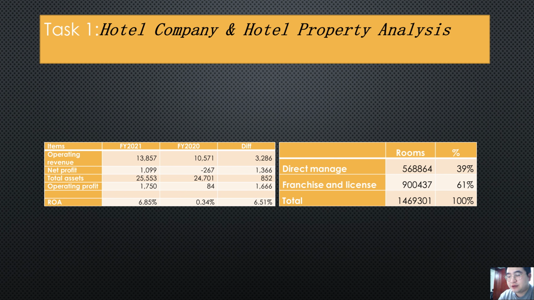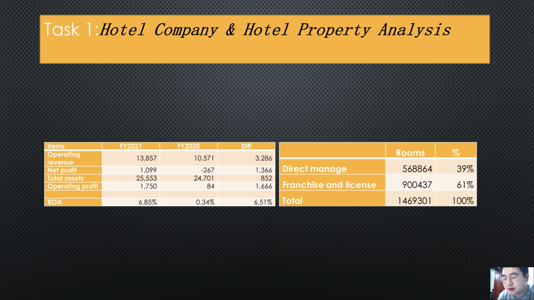At the year end 2021, the group had 2007 company operated properties with 568,864 rooms under its direct operation control.